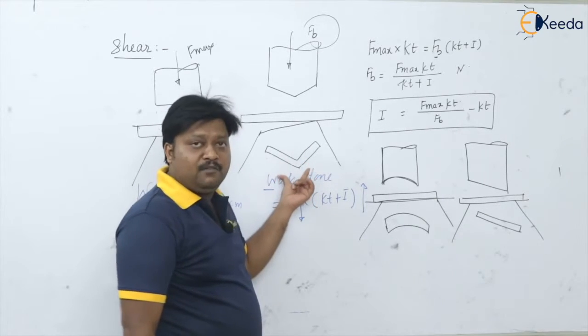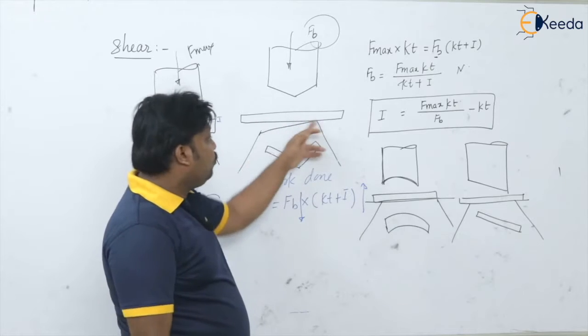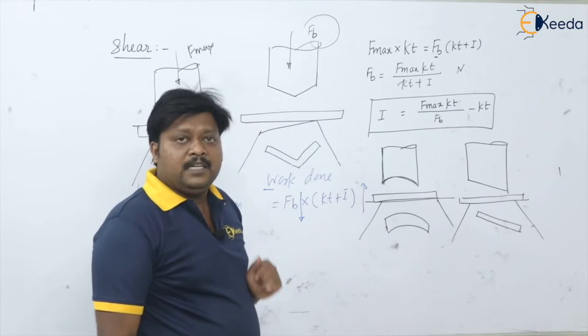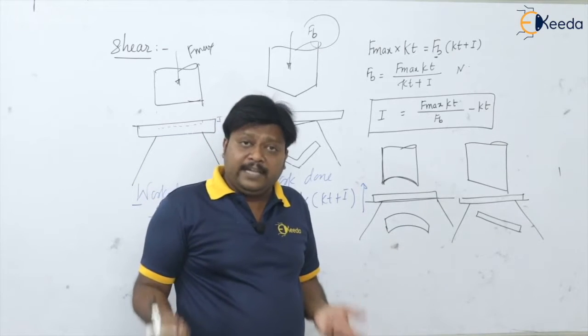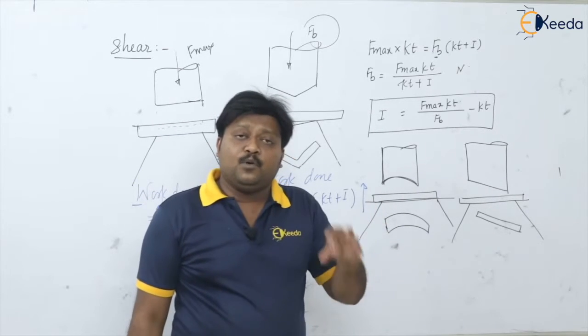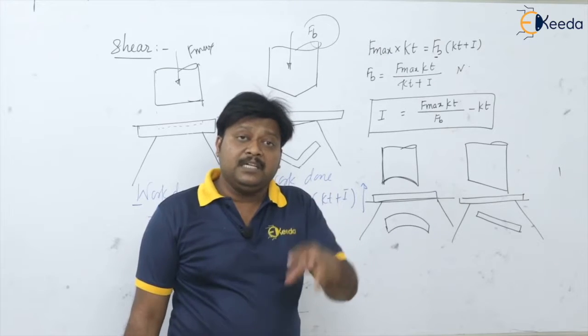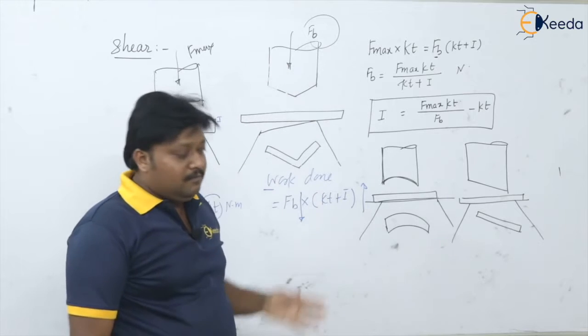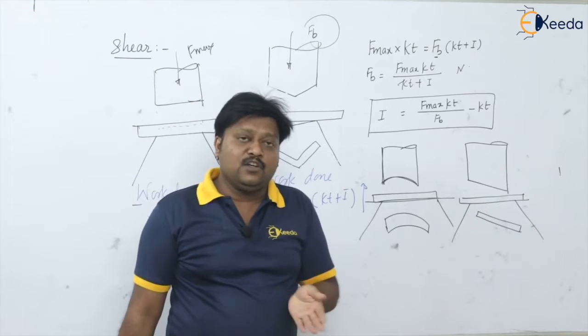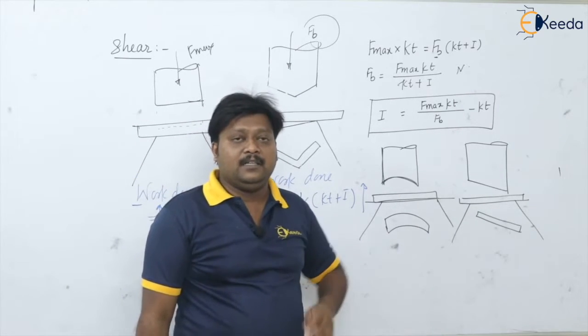It is immaterial for me, because I am interested only in the produced hole. That's why it is very much okay that I am providing the shear on the punch in case of punching operation.